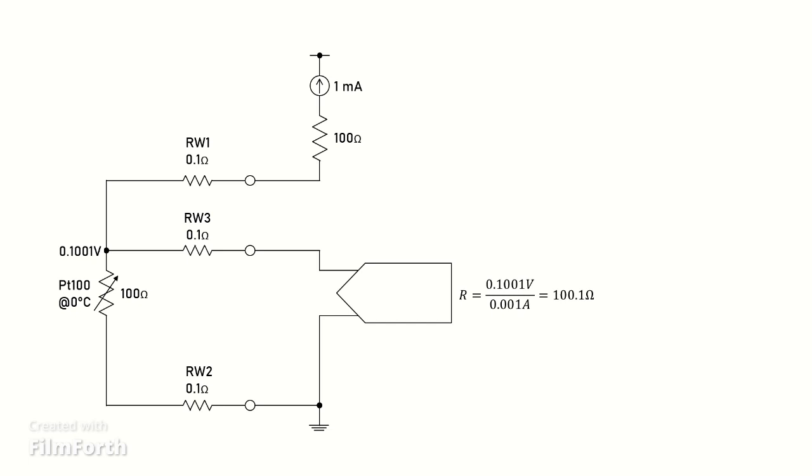Therefore, the error has been cut by half. If the RTD is at 0 degrees Celsius, the circuit will measure the resistance as 100.1 ohms, and the equivalent temperature becomes 0.26 degrees Celsius instead of the true temperature of 0 degrees Celsius.